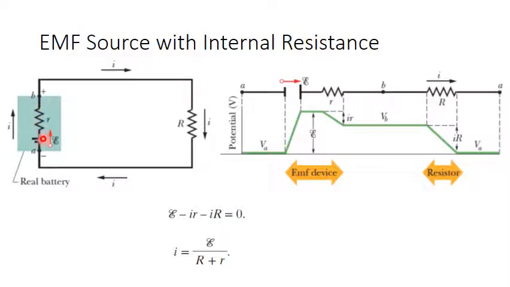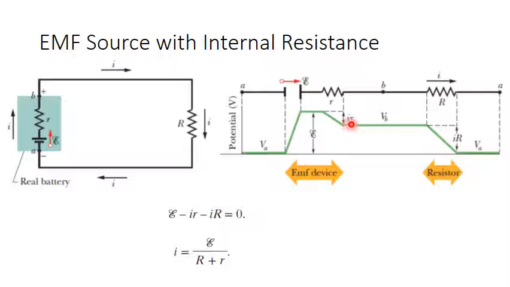It means that I subtract from this E the value I small r. This is the potential at point B. And this VB will continue until it reaches the resistance R. As long as I'm along this wire, which is an equipotential surface, the potential will be constant, VB.